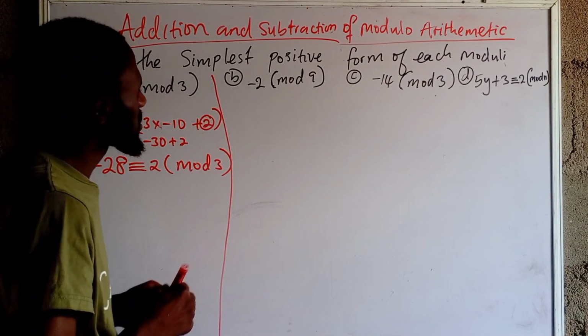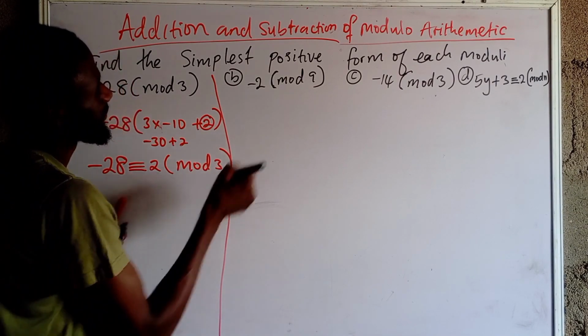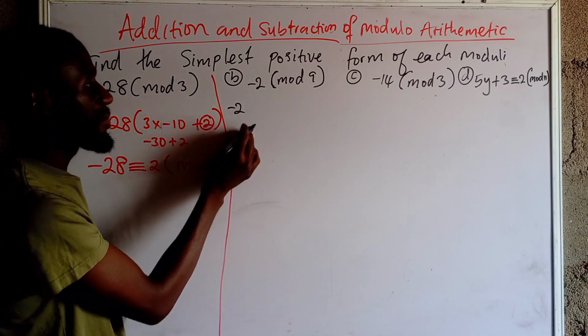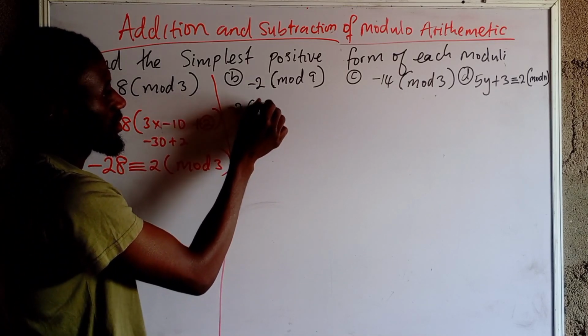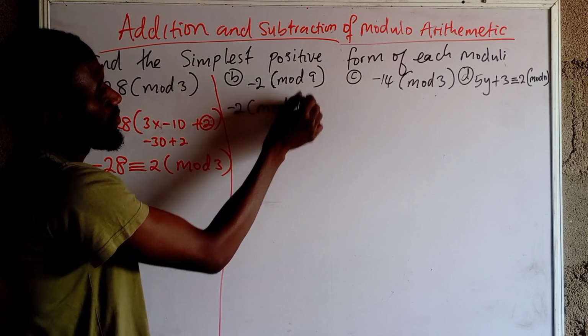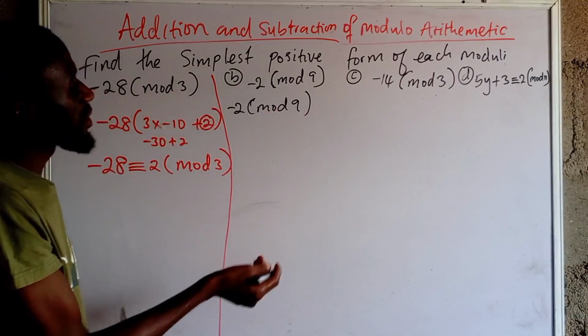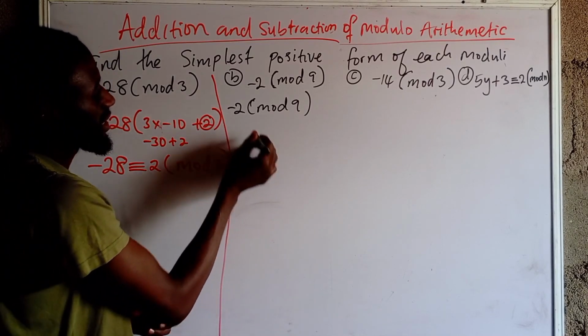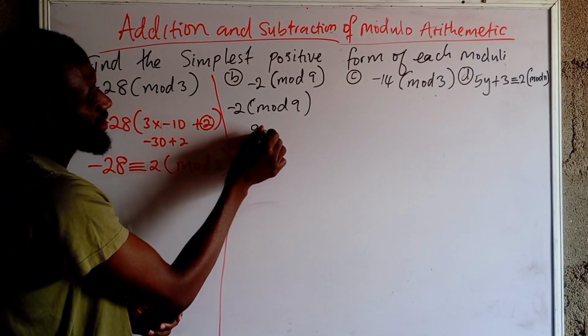Then in the next case, if you have minus 2 mod 9, since the modulo is greater than the number here, you can subtract: 9 minus 2.